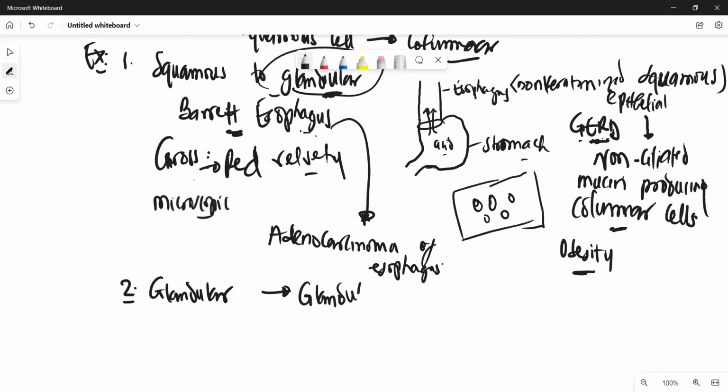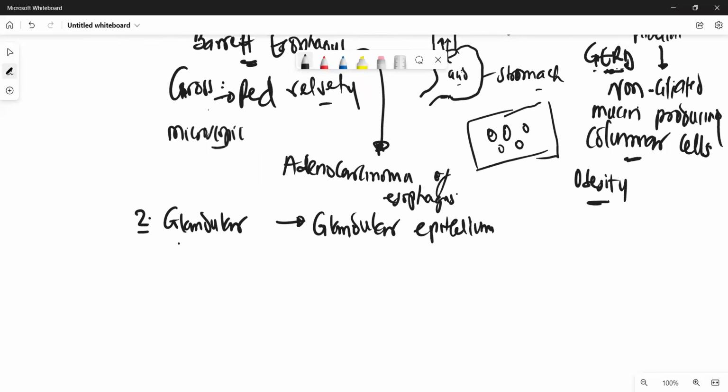So we are going from glandular epithelia to another glandular epithelium. An example is in the case of H. pylori affecting the stomach, right? H. pylori is one of those bacteria that will affect the stomach.